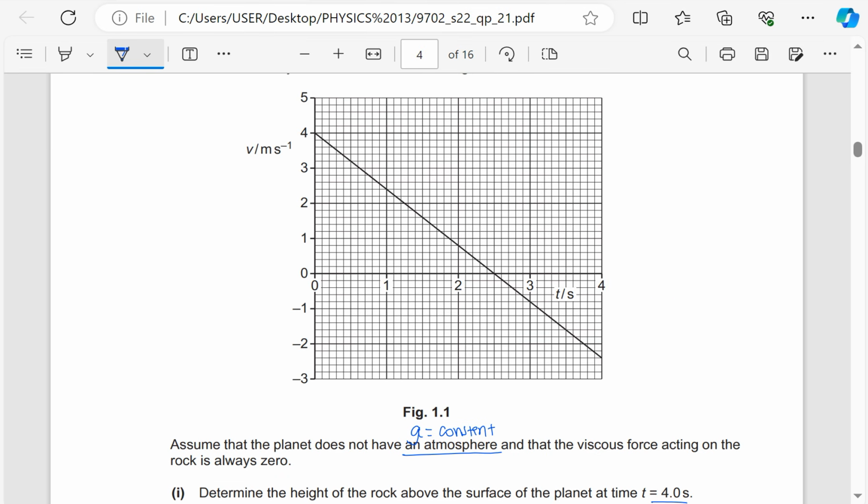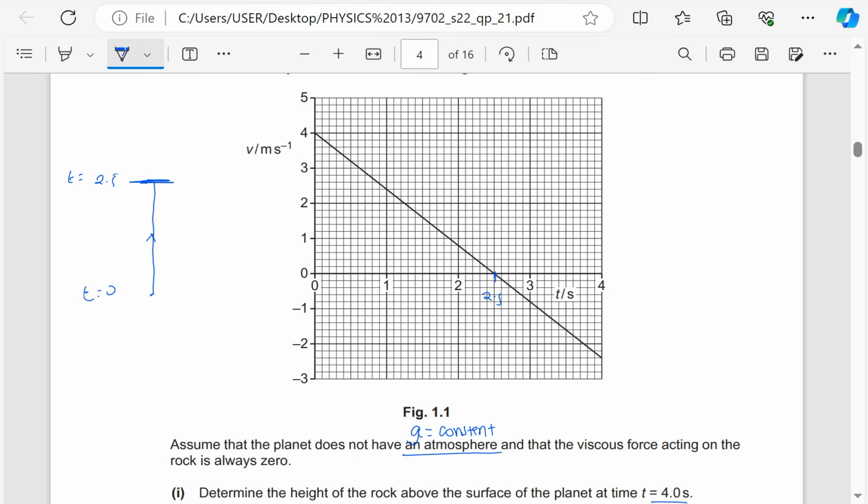So from t equals 0 to t equals 2.5, it is going upwards, because we see that the velocity is decreasing. Here it has reached maximum height, that is at 2.5 seconds. This is t equals 2.5, this is t equals 0, it is leaving this point here.